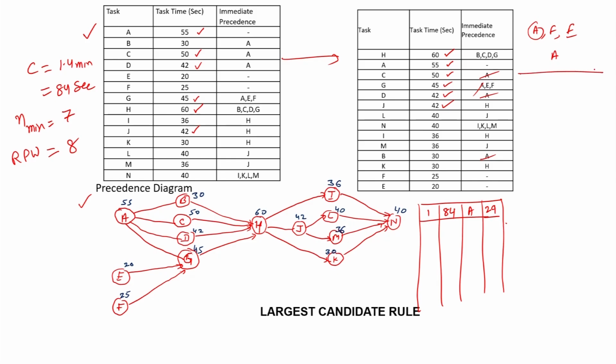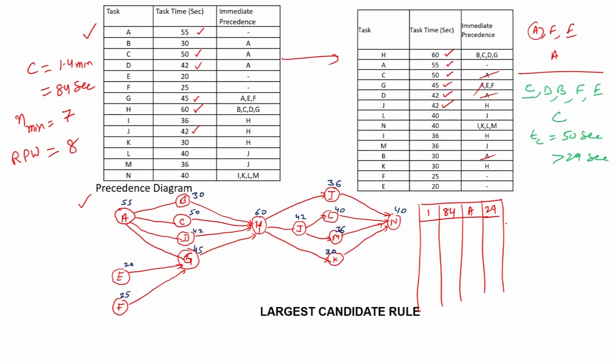So, I will go for the next iteration, and now which are the elements not having any predecessor? We have element C, element D, element B, and elements F and E. Out of that, the highest priority is for C, and the time of C is 50 seconds, which is more than the time available, 29 seconds.